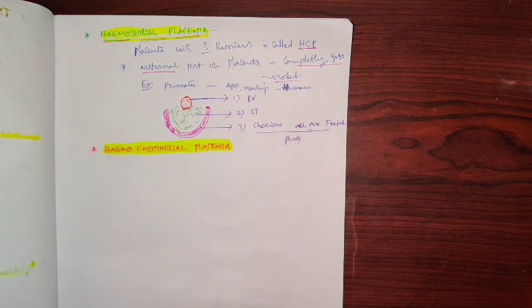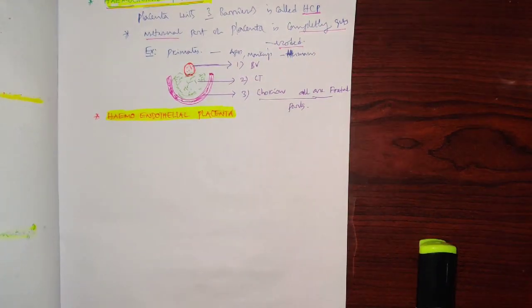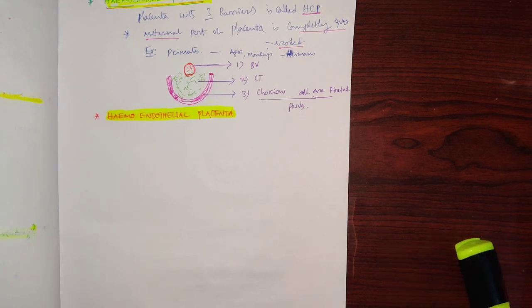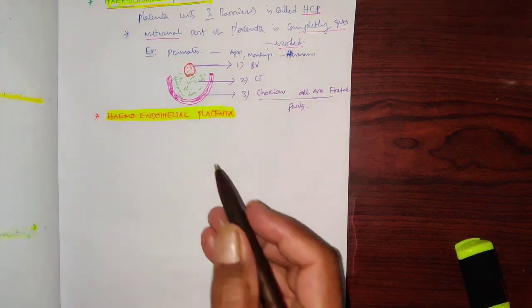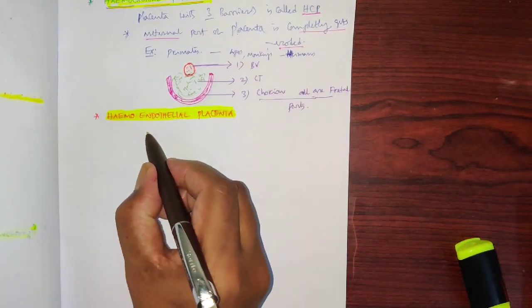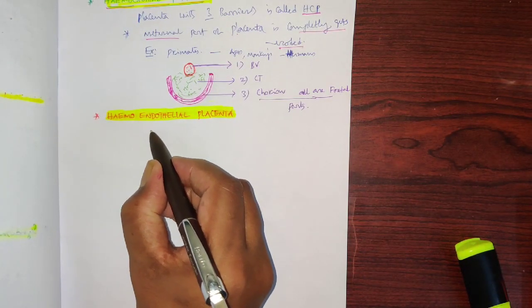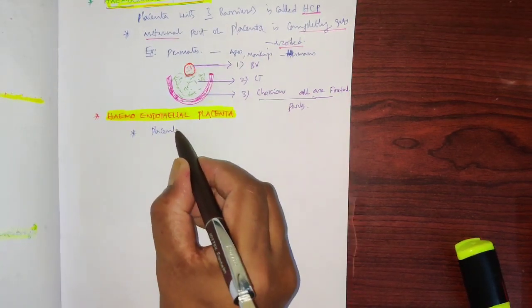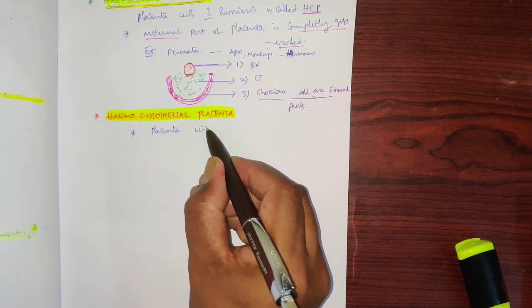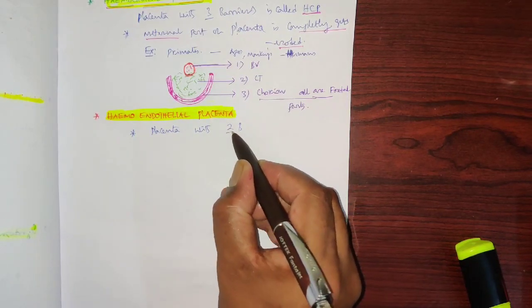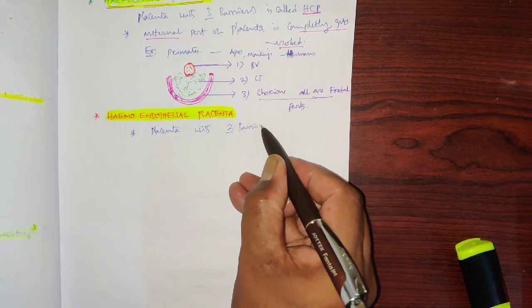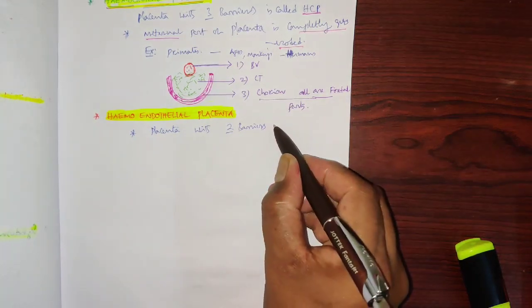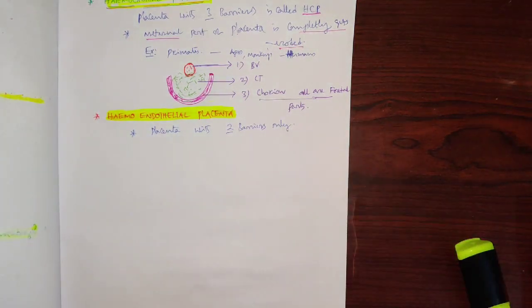In this placenta, there are only 2 layers, 2 barriers or membranes only.